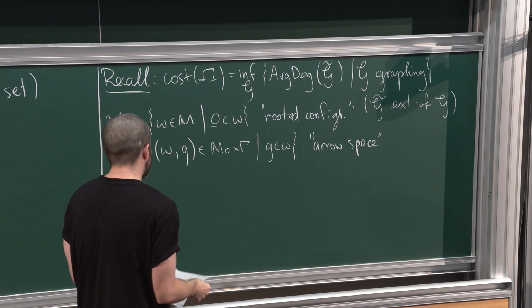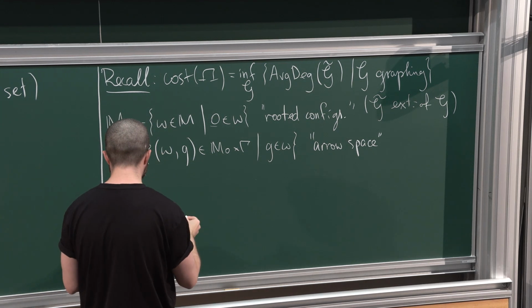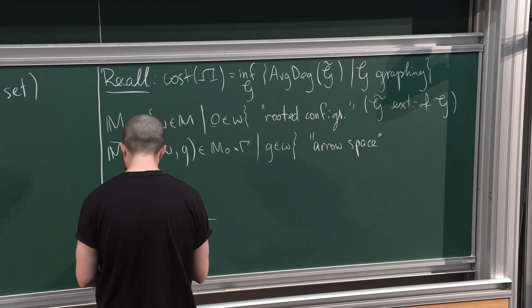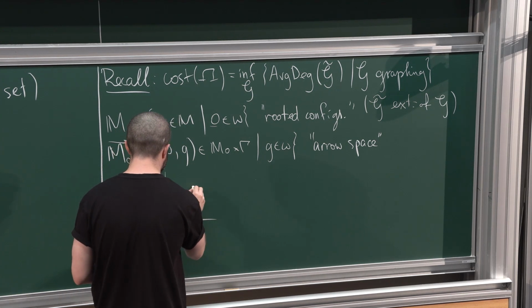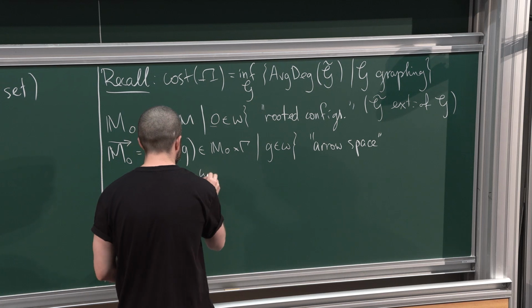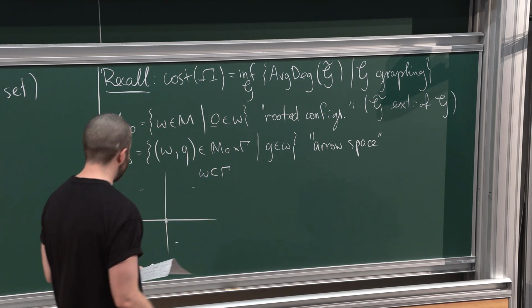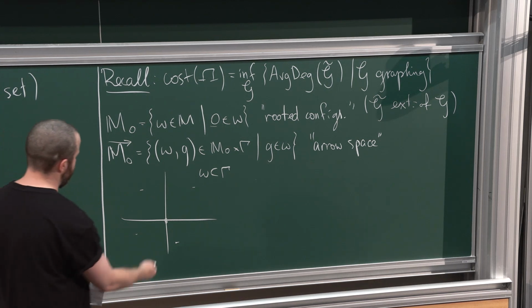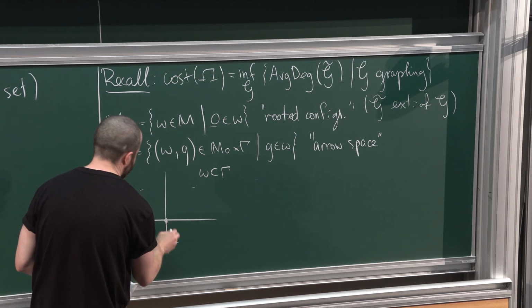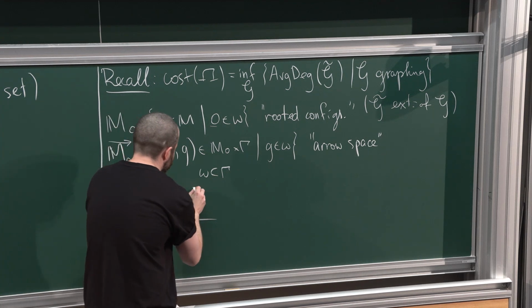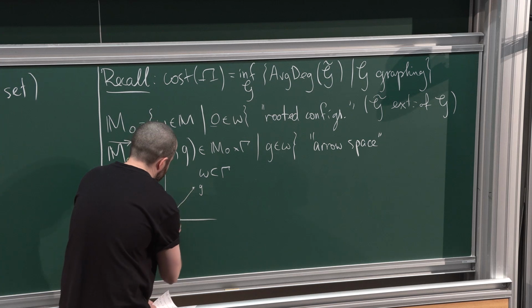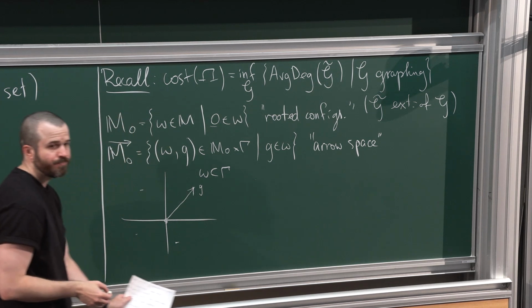And this is a groupoid. Okay, and I'm not going to spell this out because I think you guys are at least somewhat comfortable with groupoids. If you're perturbed, then let's figure it out in the exercise sessions. So the picture in my head is the following. I'm looking at a rooted configuration. That's some subset which contains this root. And then I've marked one of its additional points, this G. And I'm thinking about it as an arrow, like this.